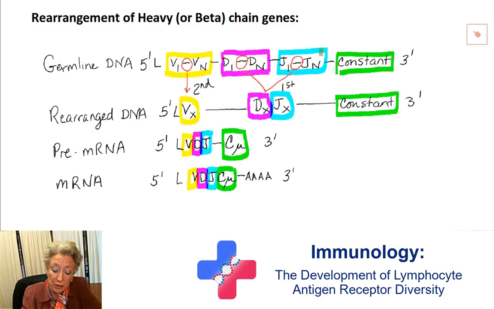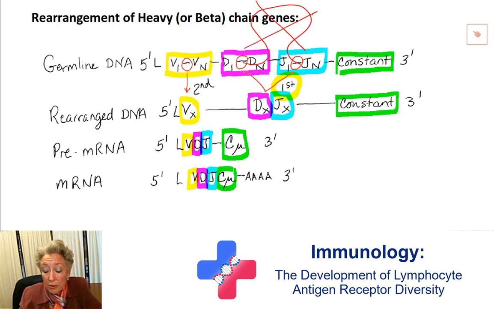And the first thing that is going to happen is that under the influence of the RAG genes, the cell is going to pick a random D and a random J, and it's going to loop up the DNA intervening between them and cut it out.